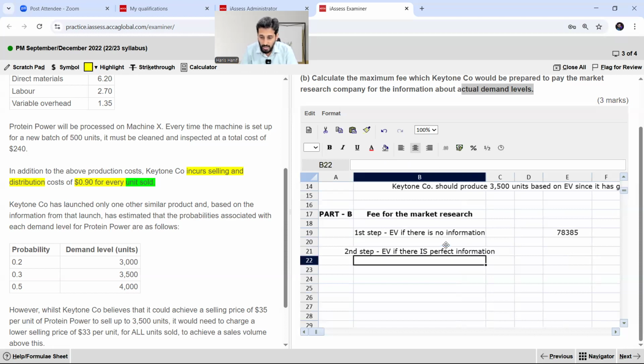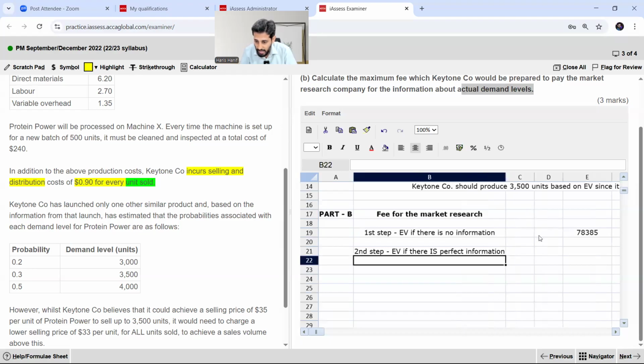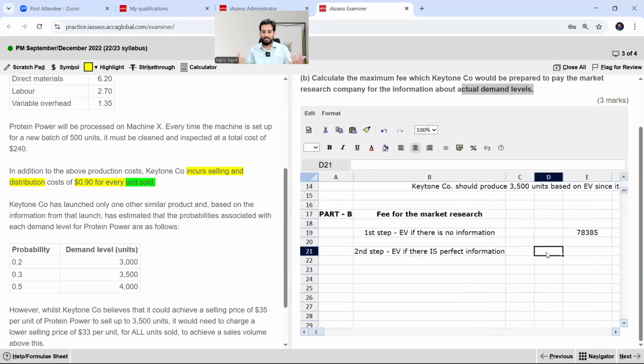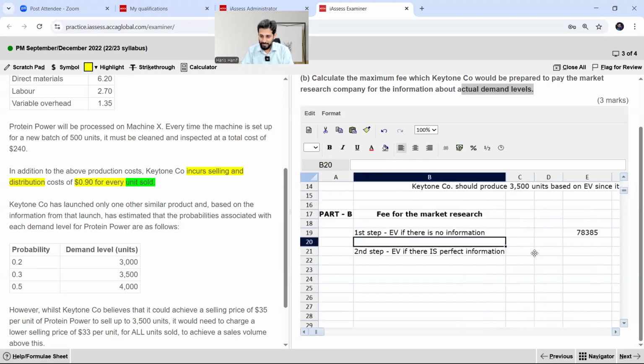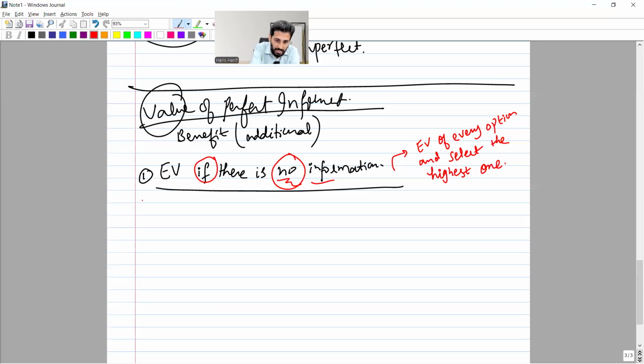Now this seems to be a confusing statement, so again I will follow my way to simplify things. What does it mean, EV if there is perfect information? First listen to me very carefully.